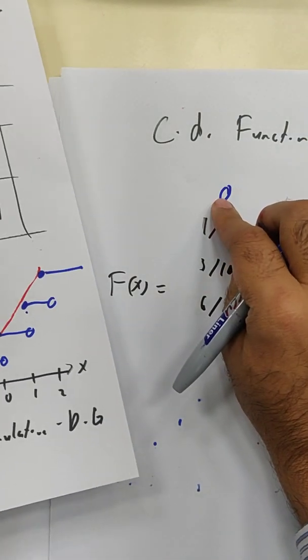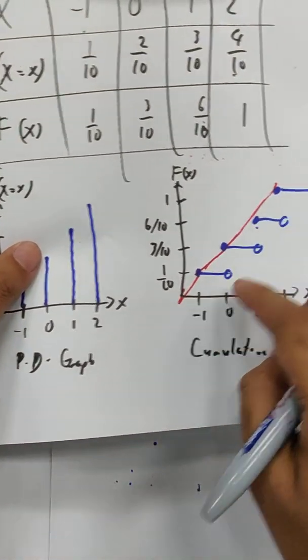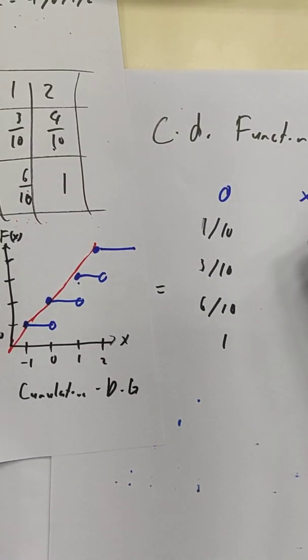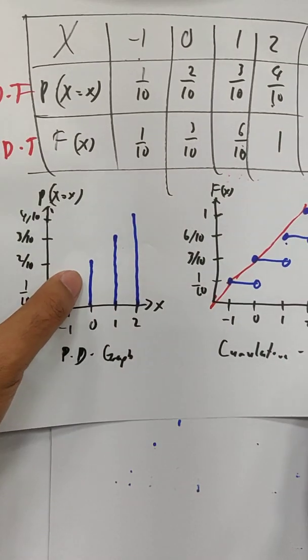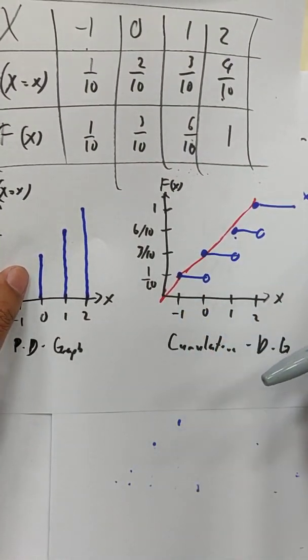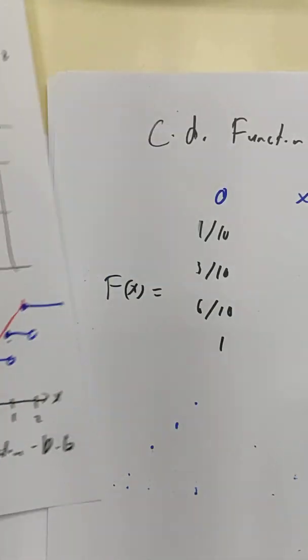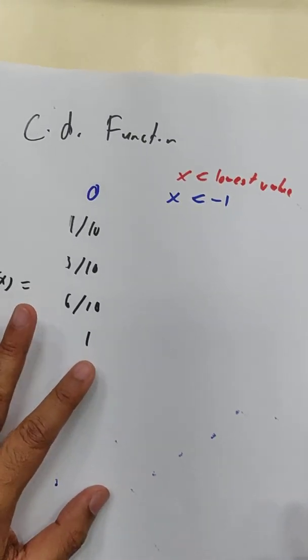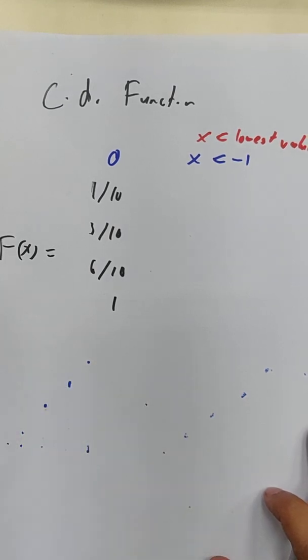When do you get 0? What's the value of x when you got 0? Less than -1. Okay? You take your lowest value, x less than your lowest value. Are you okay? There are many ways to get this.